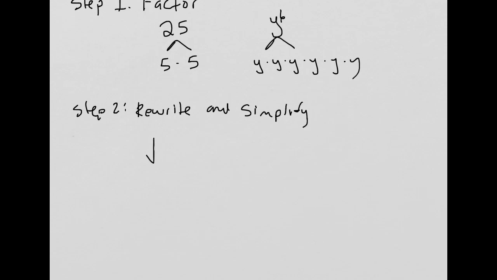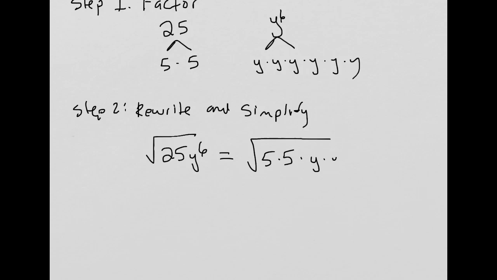So originally we had the square root of 25y to the 6th, and what we found was that 25 factors into 5 times 5, and then y to the 6th is just y times y times y times y times y times y. Now what I know from the background section is that for every 2 factors, I can pull 1 out. So let's look at the 5's first. So notice I can make a group of 2 5's, which means I can pull a 5 out. How many groups of 2 can I make with my y factors?